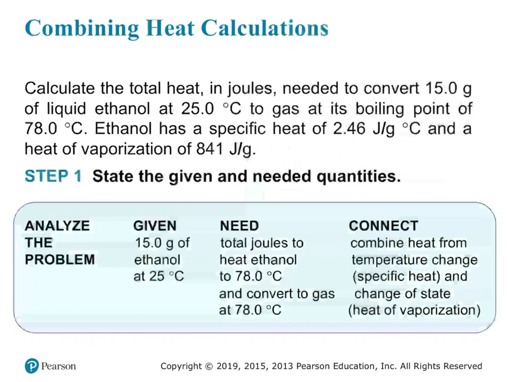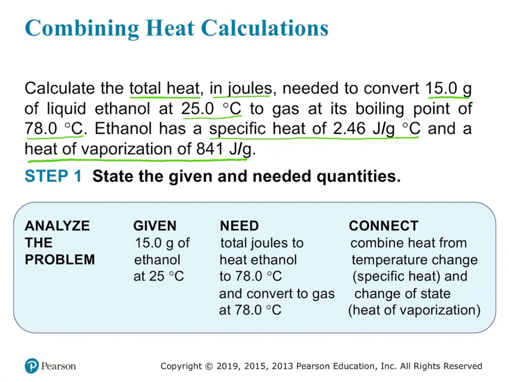So let's calculate the total heat in joules needed to convert 15 grams of liquid ethanol at 25 degrees Celsius to a gas at its boiling point of 78 degrees Celsius. Ethanol has a specific heat of 2.46 joules per gram degree Celsius and a heat of vaporization of 841 joules per gram.